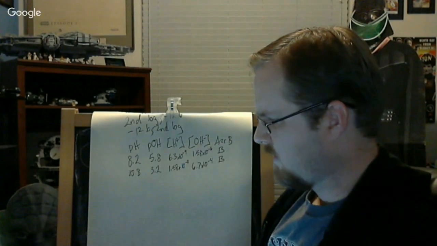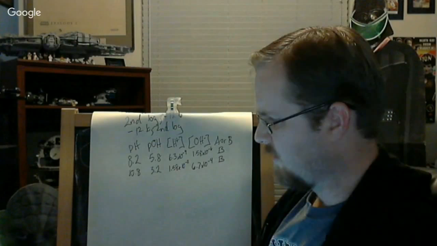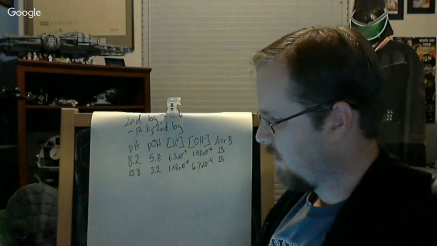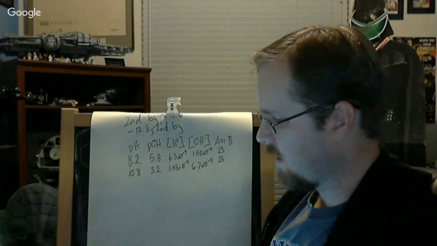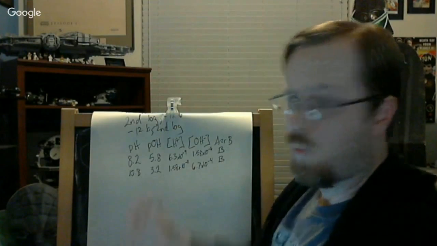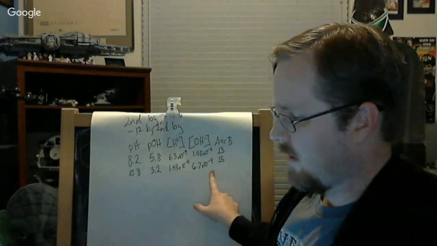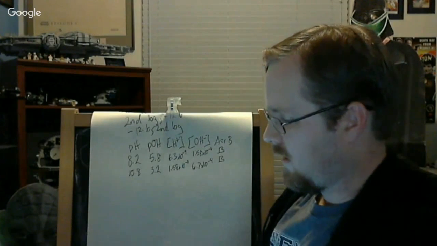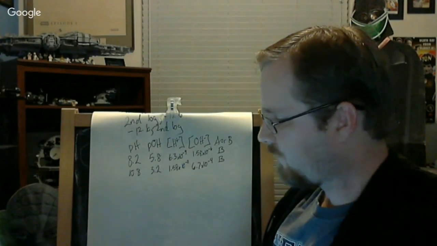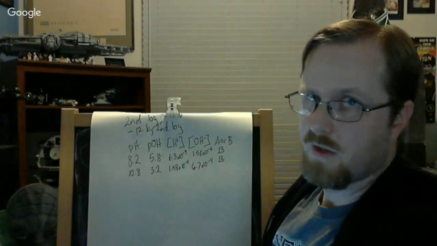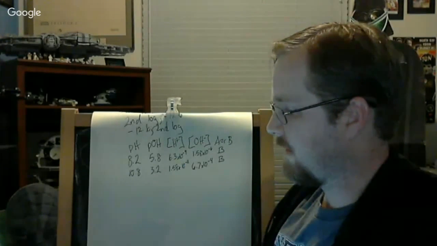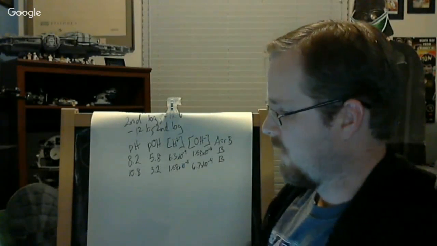All right. So Brendan's asking, can we do one more example with the chart? Okay. We will do one more example of the pH calculations, and then we will move on to the conjugate acid, conjugate base stuff. Okay. All right.